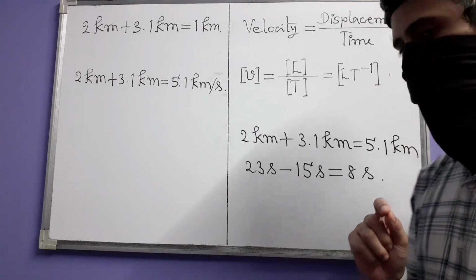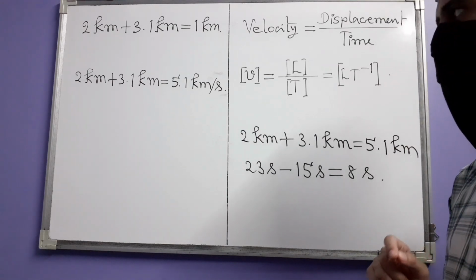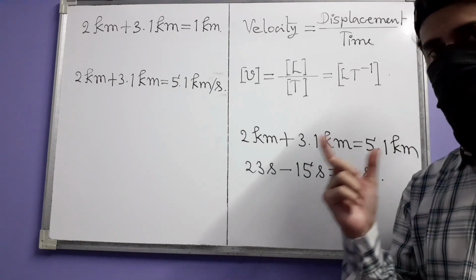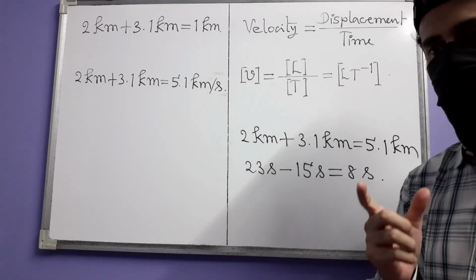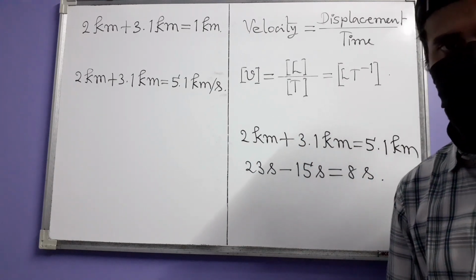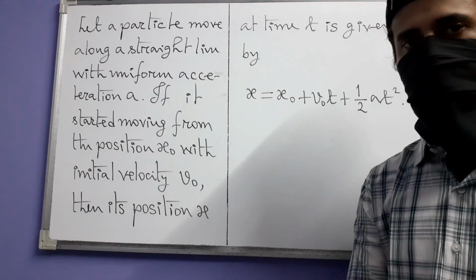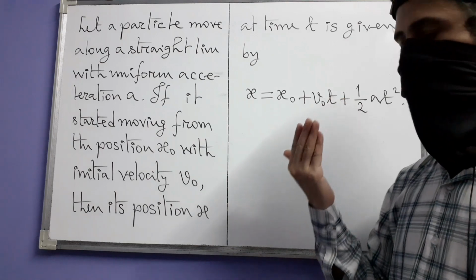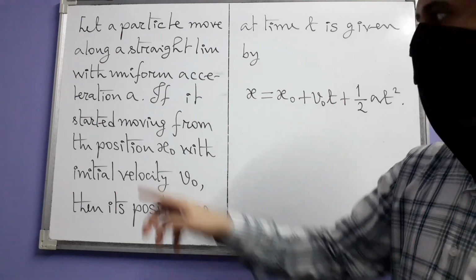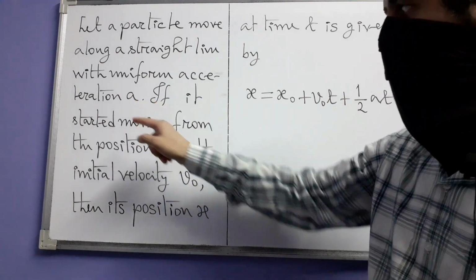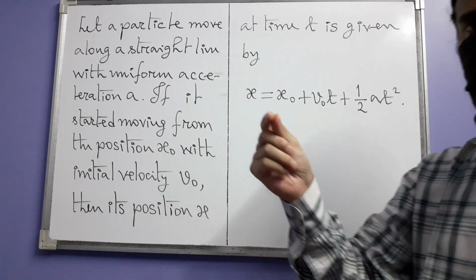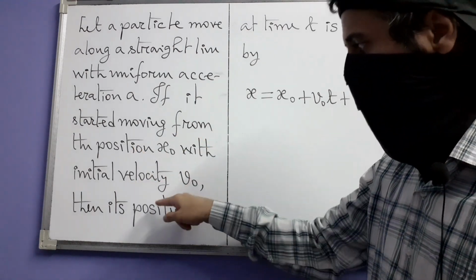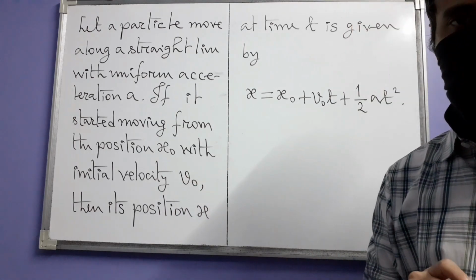So now next what we are going to see, let us take one example and see how we can apply this method to that example to see if the equation is dimensionally consistent or not. Suppose a particle is moving along a straight line with uniform acceleration a, and say it started moving from the position x0 on the straight line with initial velocity v0.